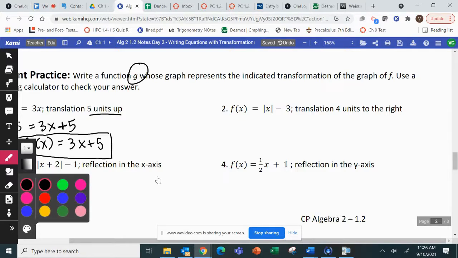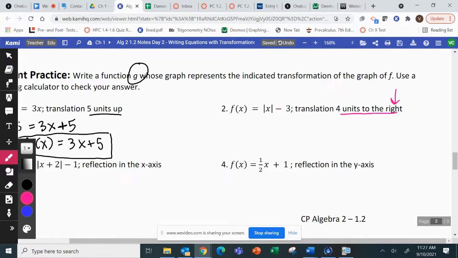All right, the next one says 4 units to the right. So when we do it to the right, it's minus and it is located inside. So this is inside and it's a minus. So my directions will say I'm going to take that f equation and do x minus 4.